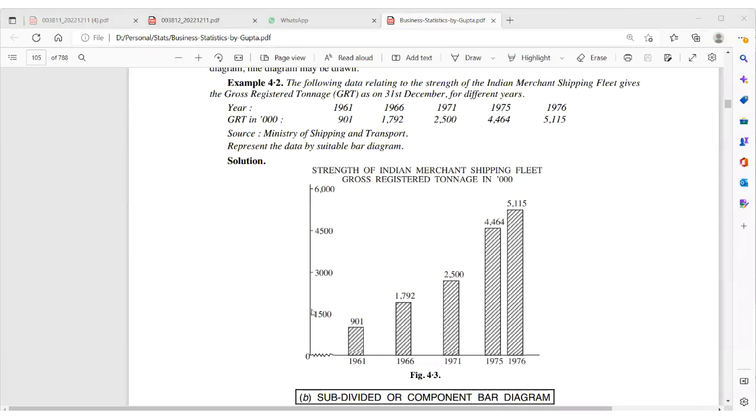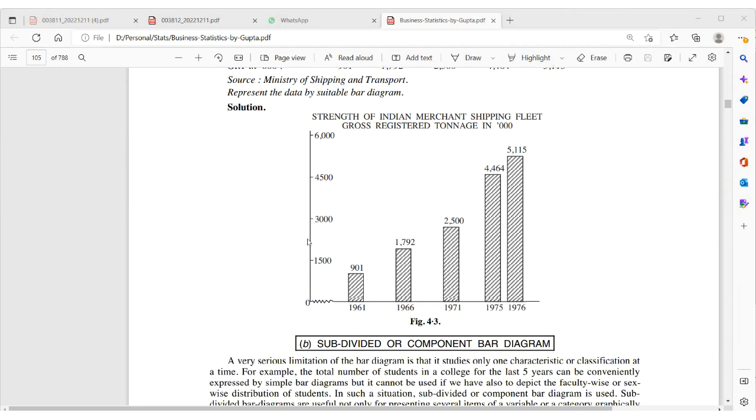We write on the y-axis 1500, 3000, 4500, and so on. Because these figures we cannot write exactly, like 901, 1792, this is very difficult to draw on this graph paper. Right? So we should rewrite this.